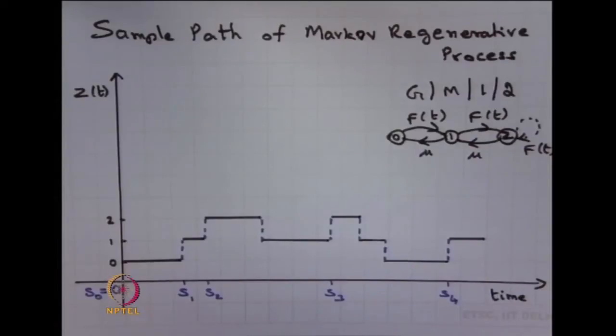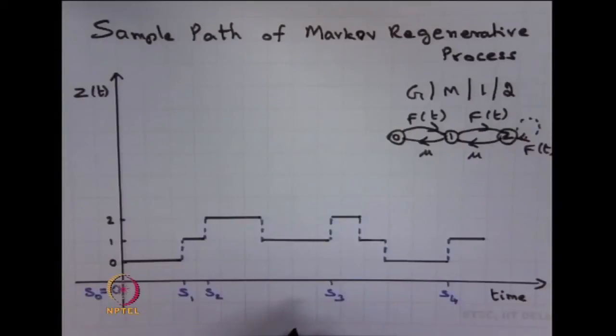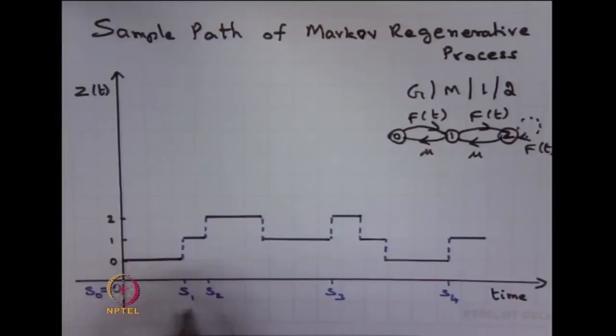In a Markov regenerative process, the stochastic evolution between two successive regeneration time points, that means between S2 to S3 or S3 to S4, depends only on the state at the transition at regeneration, not on the evolution before regeneration. That means you should remember where the system was at the time point S2 as well as where the system was at the time point S3, and you don't need anything before the regeneration time.